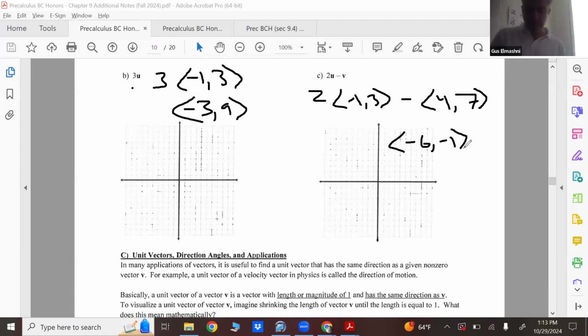Okay, I'm not going to do the drawing in the interest of time, but you get the point. You're extending it 3 times, or extending by 2, and then doing v in the opposite direction. You're just connecting them. But we'll move on to the next part, because I think you get how to add and subtract vectors or do a scalar multiple.